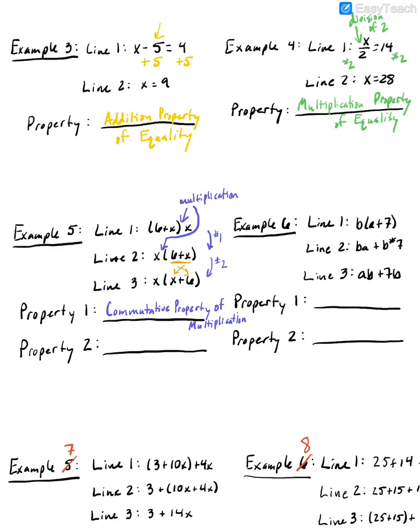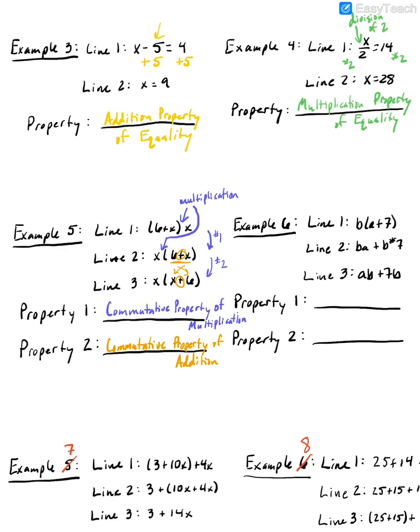But inside the parentheses, they're switching, so another key word, switching, and notice what sign they are switching around. It is a plus sign, okay? So it's very similar to the one that we just did, so it would be commutative because of that switching action that we talked about, but it's not switching around a multiplication sign, it's switching around an addition sign. So we would say the commutative property of addition.